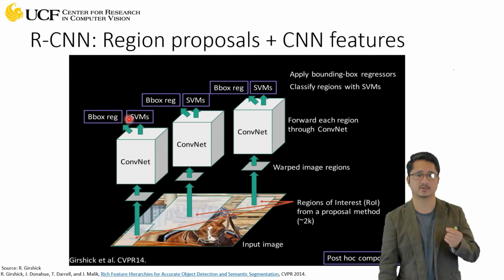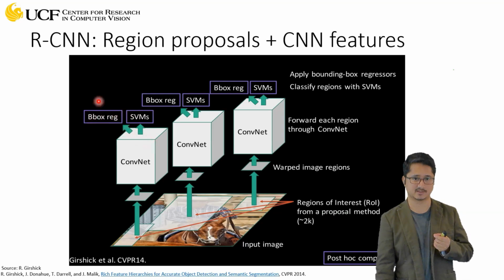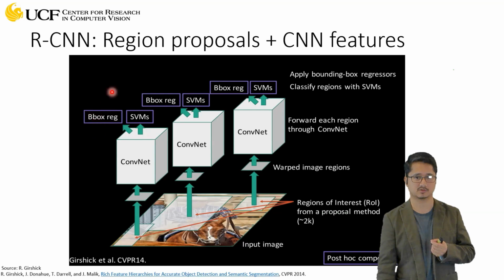And it's also going to give you some kind of adjustment to the bounding box. Okay, so this second prediction corresponds to the location of your object. Now I will explain why exactly we need this bounding box regression. But before that, let's first try to understand how this is working.